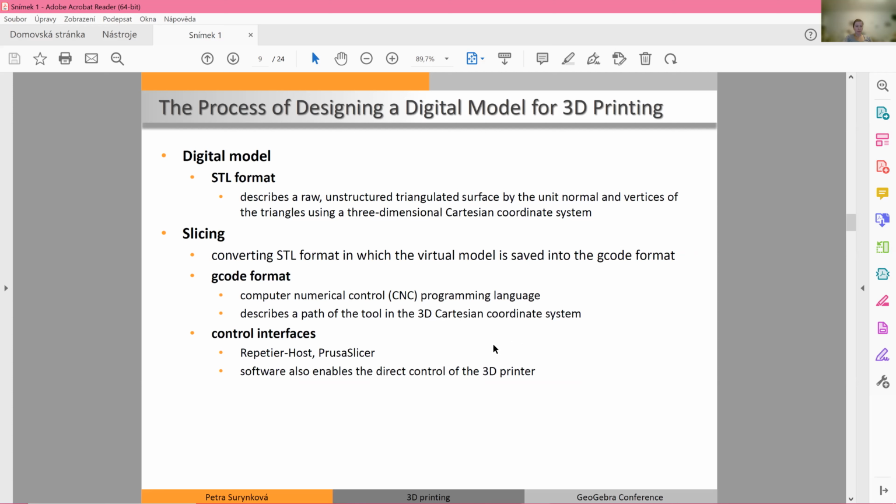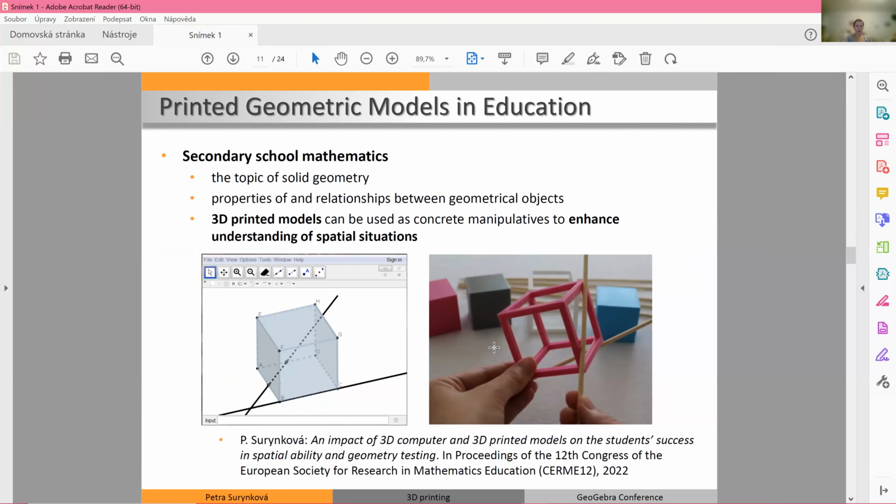So with slicing, we have already prepared the model for 3D printing. I would like to show you what I am using these models for. I'm not sure if you can see me on the camera. For example, at secondary school, I'm printing... maybe I will stop blurring my background.